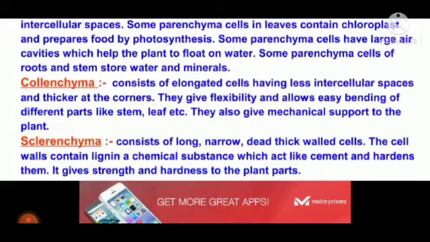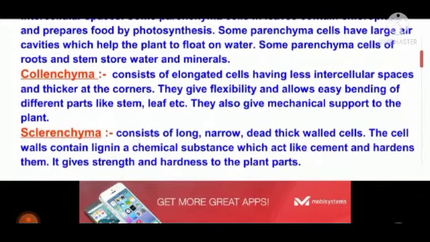So first let's discuss about the important points of permanent tissue. Permanent tissue develop from meristematic tissue. They lost division capacity. Permanent tissue do specific work. The process by which they develop is called differentiation.